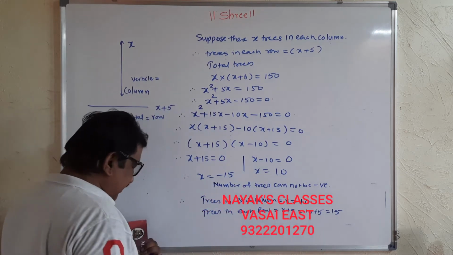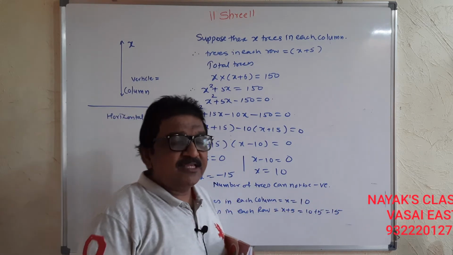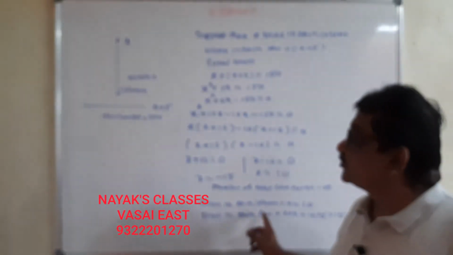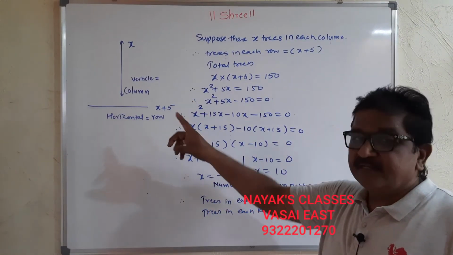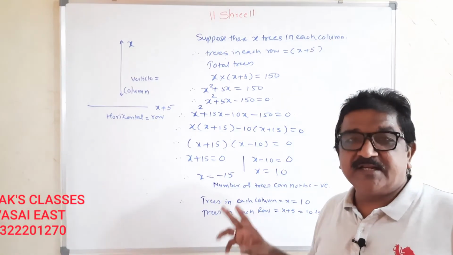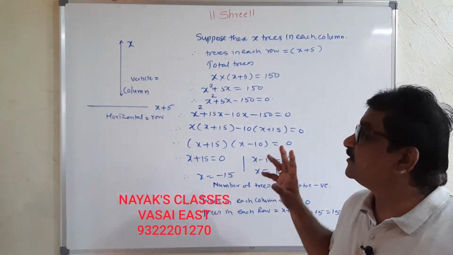So the final answer is, in each column Madhusudan has 10 trees, and in each row he has 15 trees. This is the simple example.